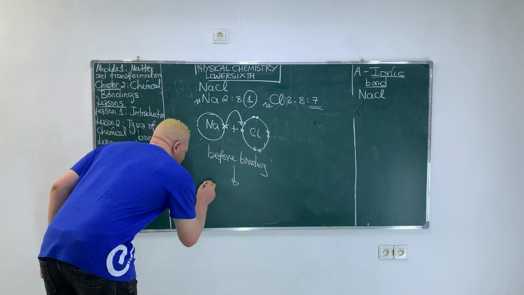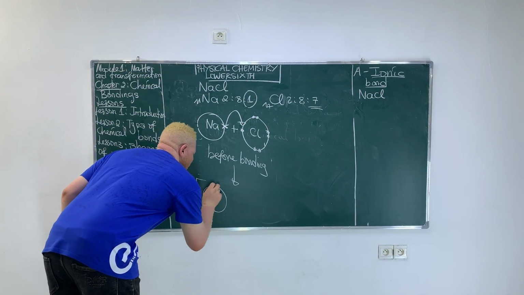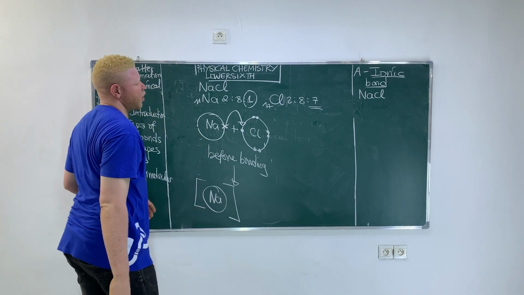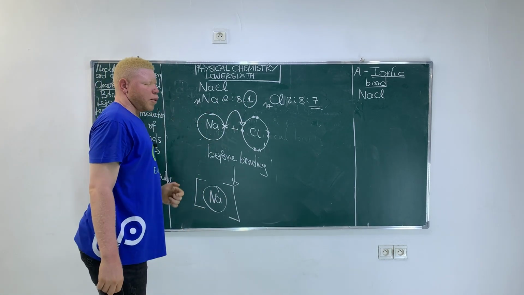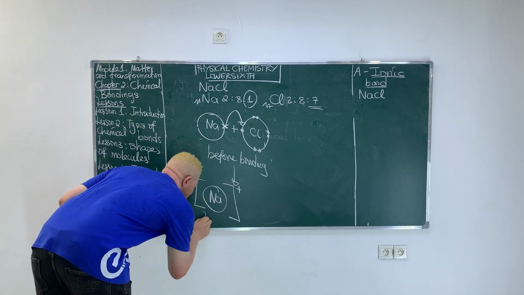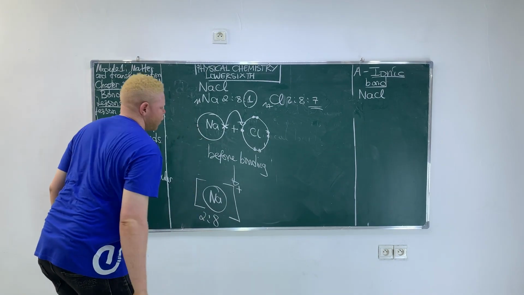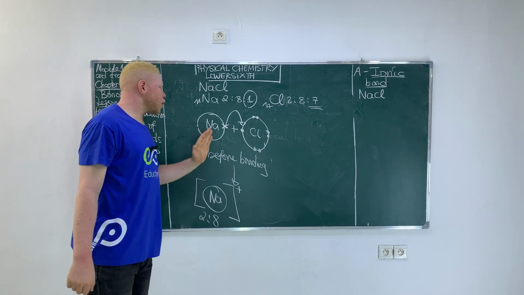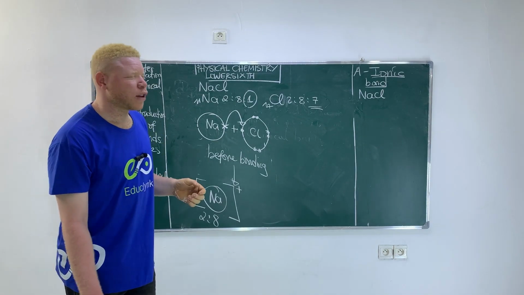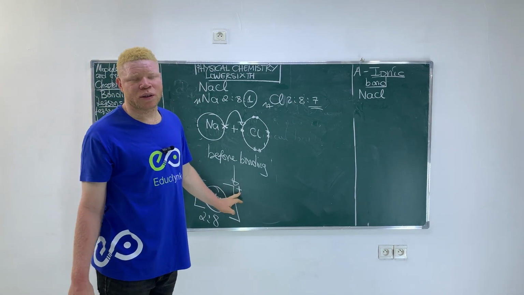At the end of the day, the sodium atom has lost its electron. So now the outermost shell of sodium is empty, and it becomes positively charged. The configuration is 2:8. Why? Because it has lost its valence electron to chlorine. It has lost only 1 electron, and that is why the charge is positive.